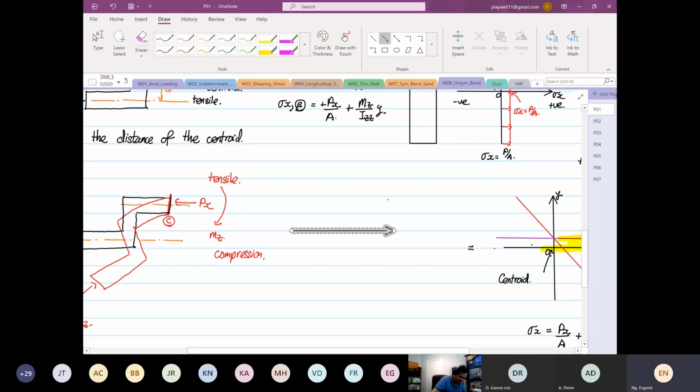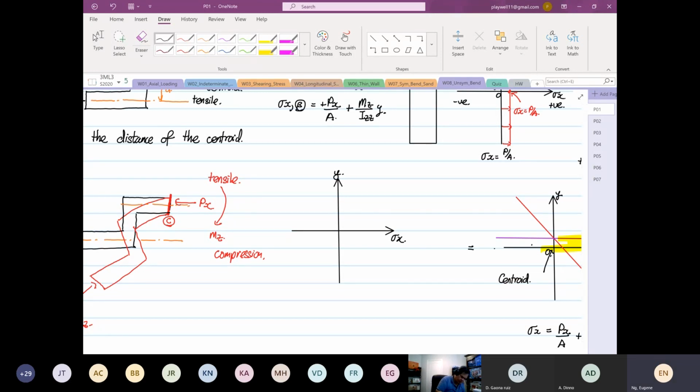Right, so this is my stress X. This is my Y. So what you see now, right? The top will be tensile, the bottom will be compression.